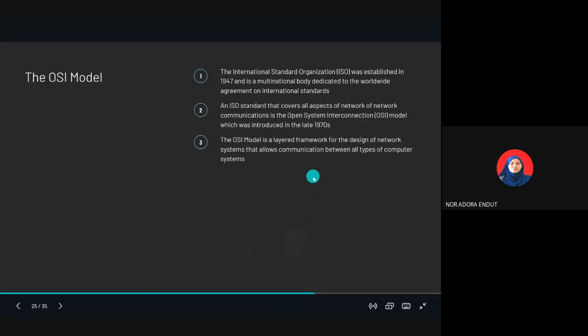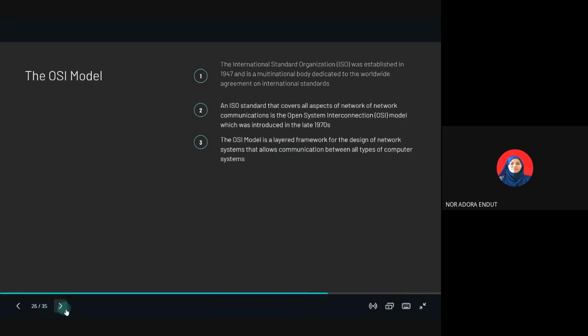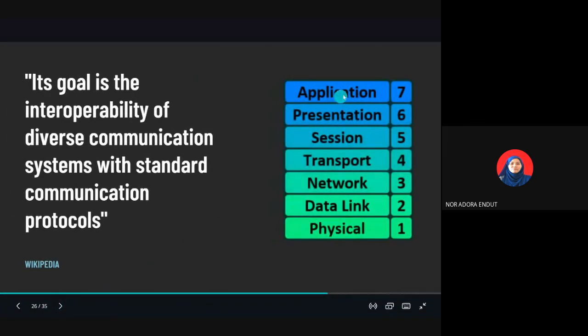Okay, the most important thing that you need to remember characteristics dia adalah it is a layered framework. Layered macam kek lapis kan, berlapis-lapis. So layered tu maksudnya ini. Okay, sila hayati diagram ni sebab ini yang kamu akan jumpa daripada sekarang sehinggalah kamu grad, mungkin masa kamu kerja kan.